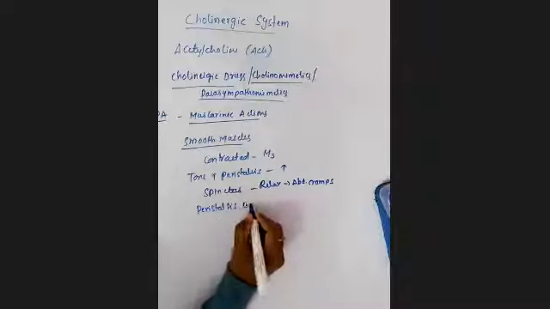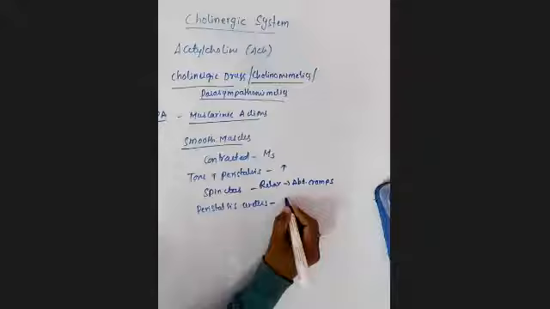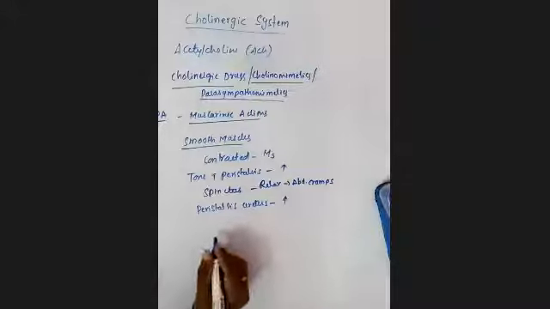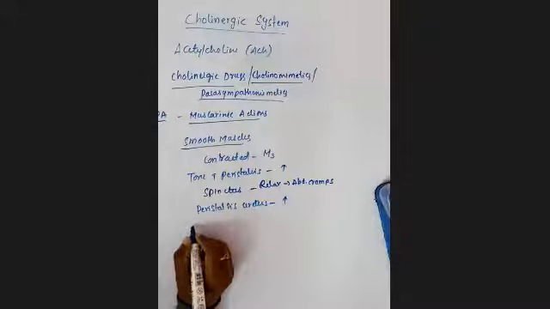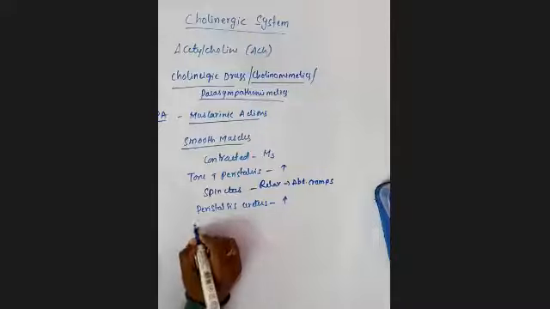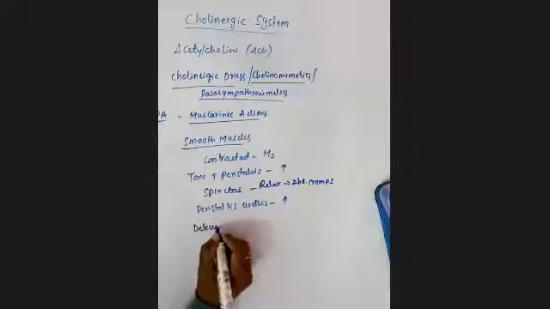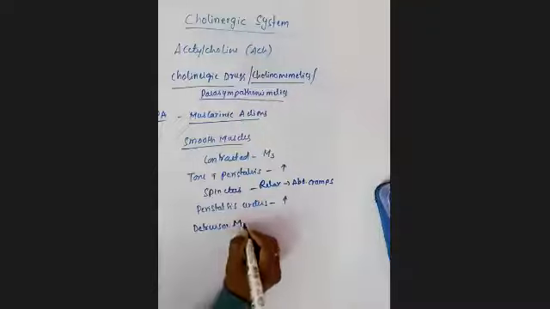peristalsis in the ureters is going to be increased. In the urinary bladder, we have different types of muscles, like detrusor muscles.